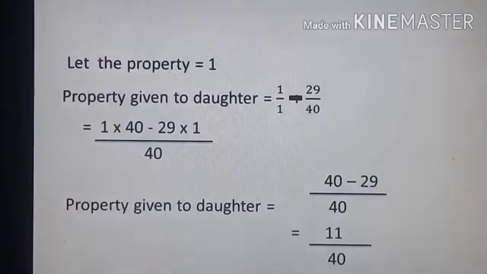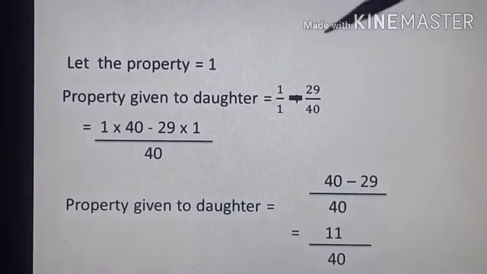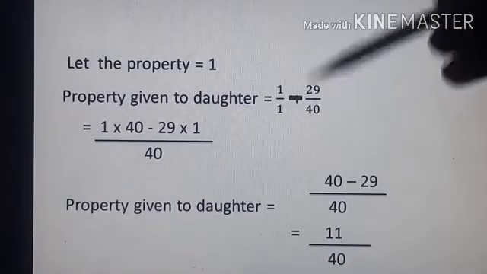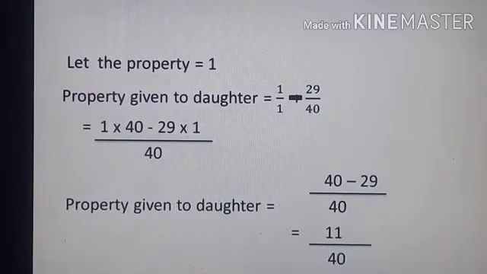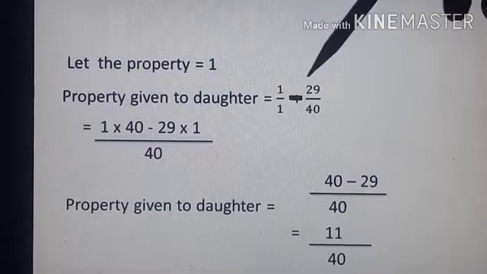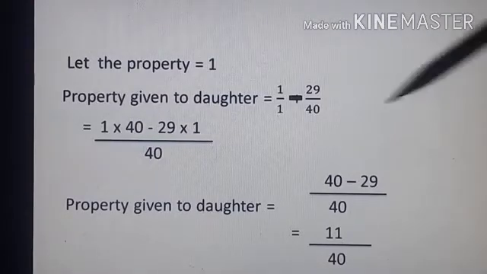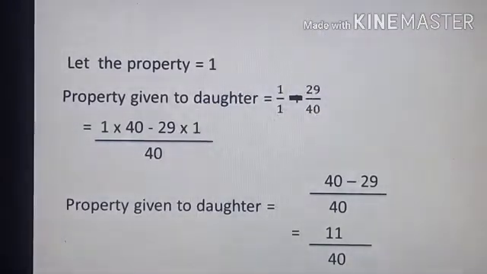Property given to daughter. 1 is the total property. And he has given some part of the property that is 29 upon 40 to his wife and son. So to calculate the remaining, we will do subtraction, and that remaining property he has given to his daughter. So property given to daughter 1 minus 29 upon 40. So LCM of 1 and 40 is 40.